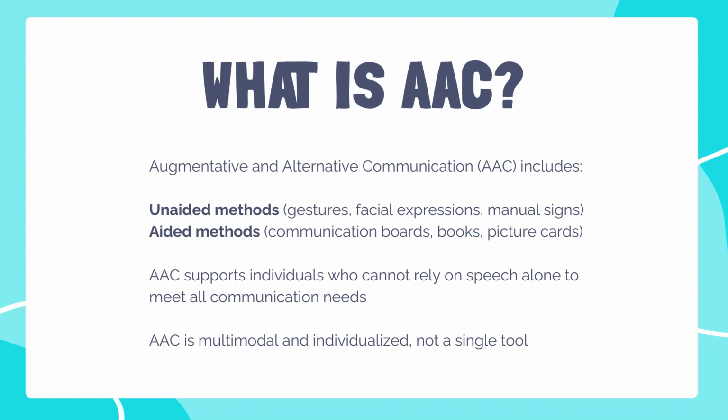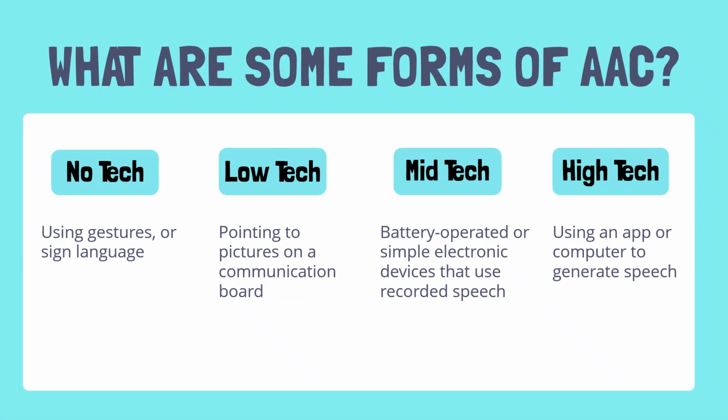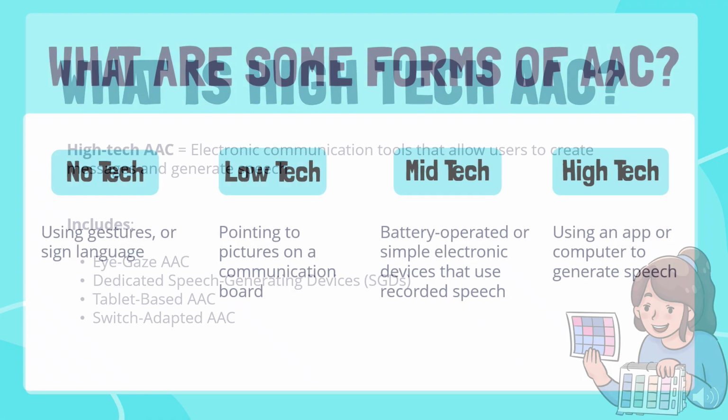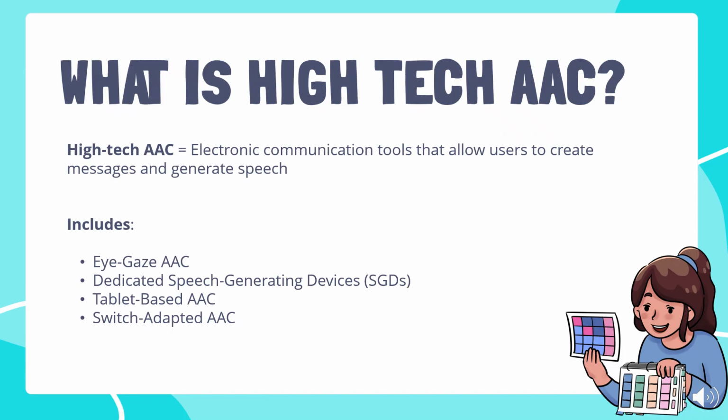AAC, also known as augmentative and alternative communication. There are several different forms of AAC, ranging from no-tech systems to high-tech. AAC refers to electronic communication tools that allow users to create messages and generate speech. Unlike mid-tech AAC, which relies on pre-recorded messages, typically, high-tech AAC systems often allow users to create new messages using symbols, words, or text.